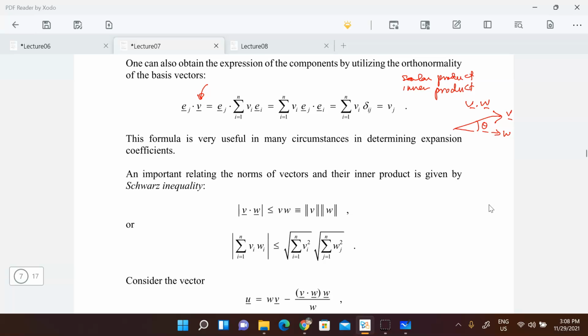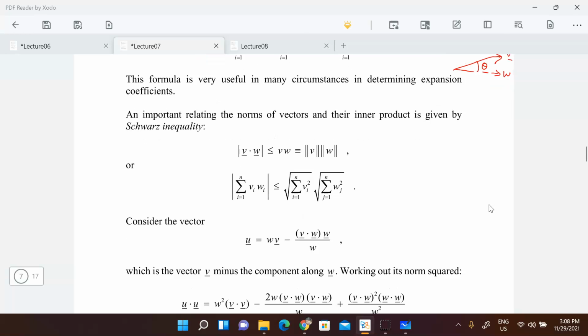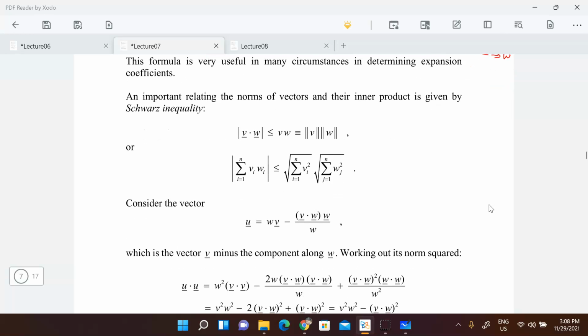And what else can one prove? Again, I'm not going to go into details, but these are things that you probably need to use at some time in the future. It is the idea of the Cauchy-Schwarz inequality. The magnitude of your v dot w is always less than or equal to the product of the length of your v and the length of your w.